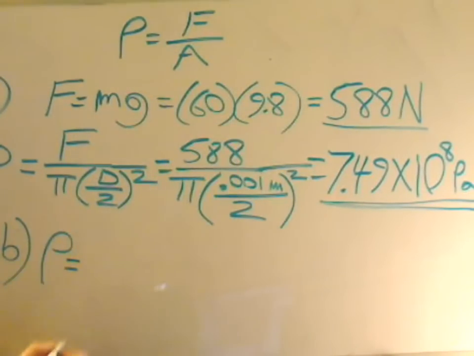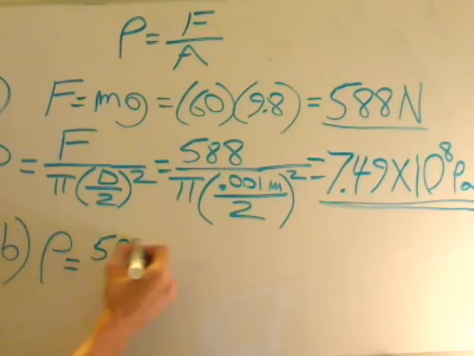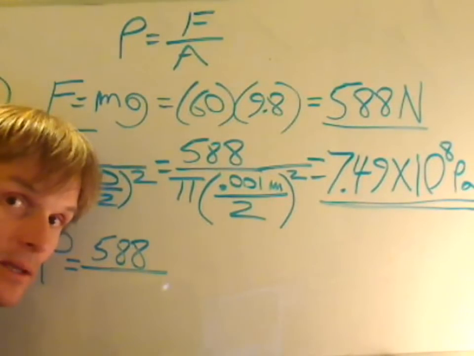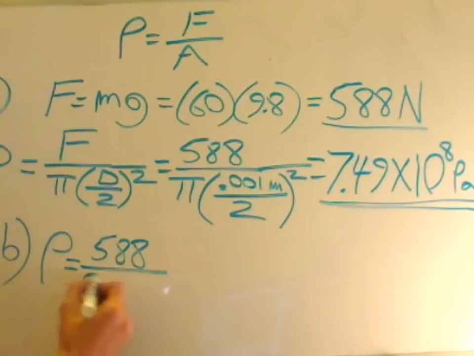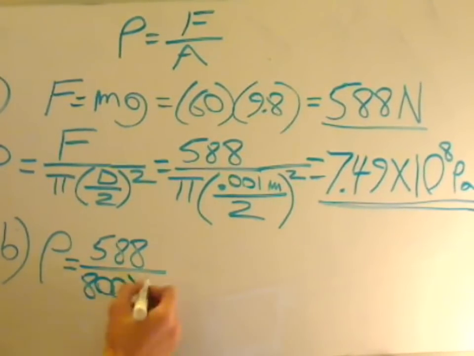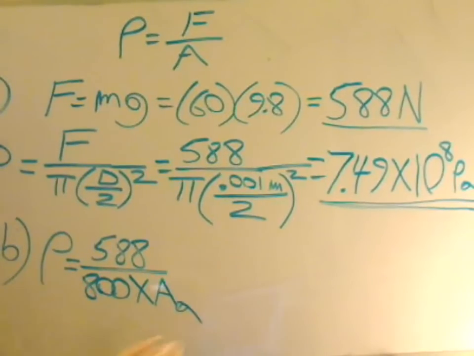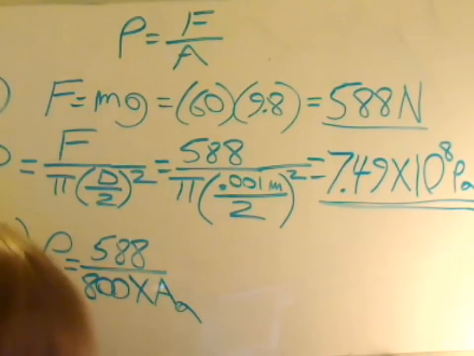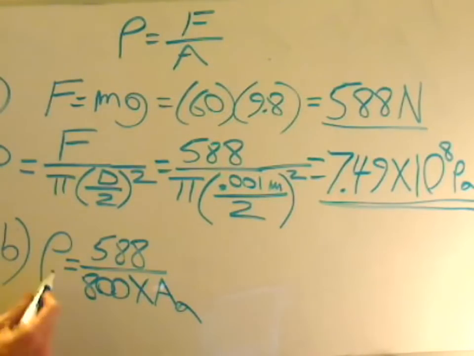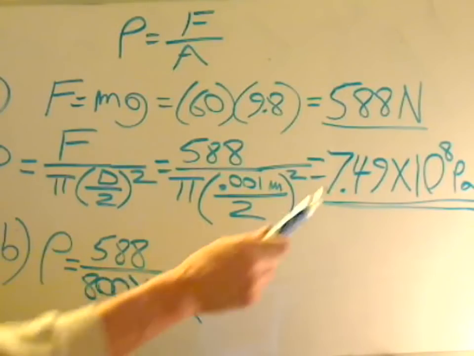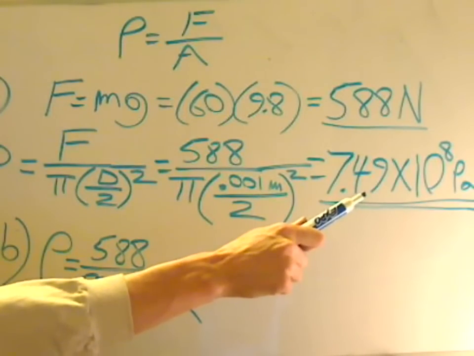We have a force of 588 newtons, and our area, with 800 nails, is 800 times the area from Part A. So, therefore, our pressure is going to be 1/800th of this.